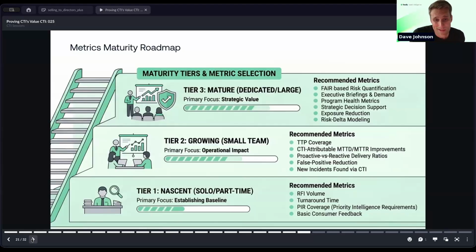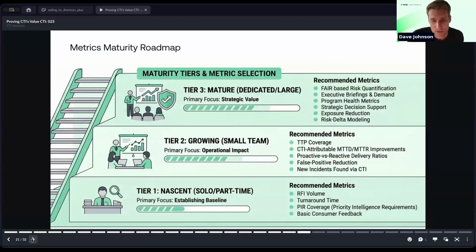For tier one, you're maybe one person or doing it part-time at CTI. Maybe you've got other security functions that you support, vulnerability management, whatever. You're really just trying to get your head above water, establishing a baseline. So the story is more about capacity and repeatability and making sure that you have enough initial resources to do the job if you need to.